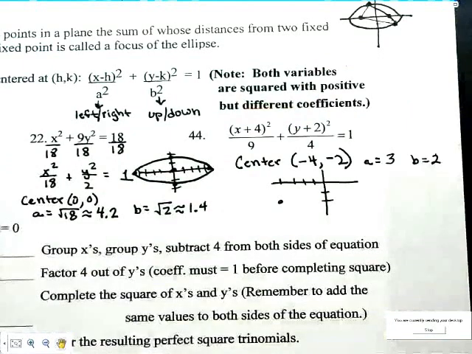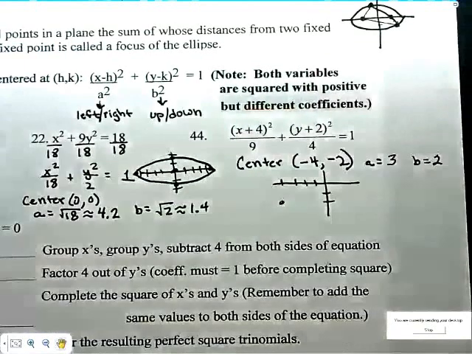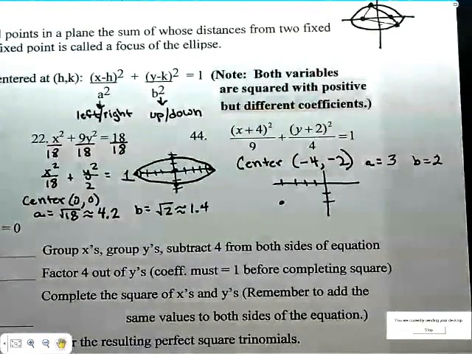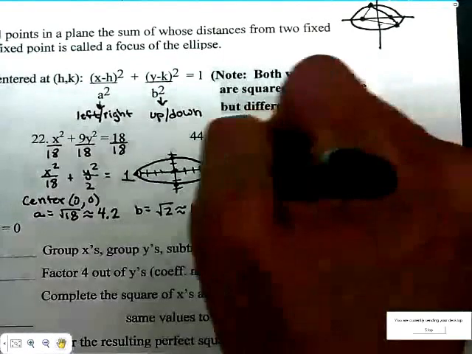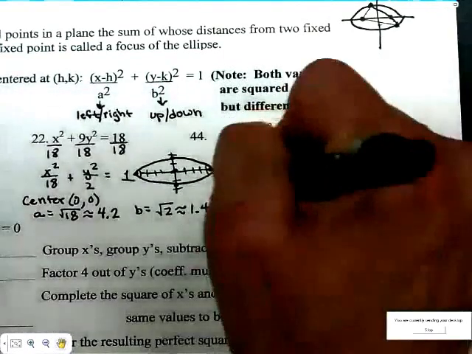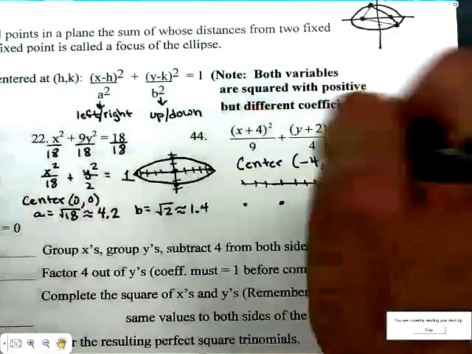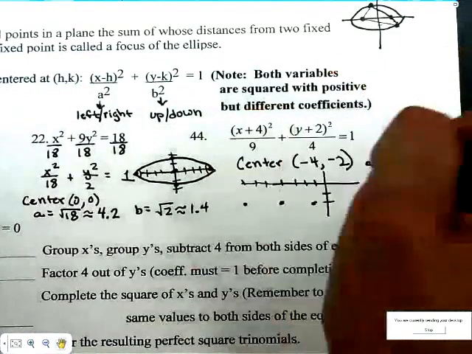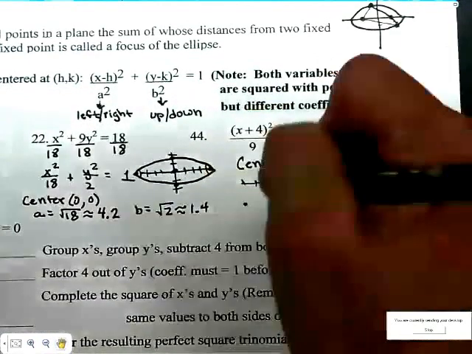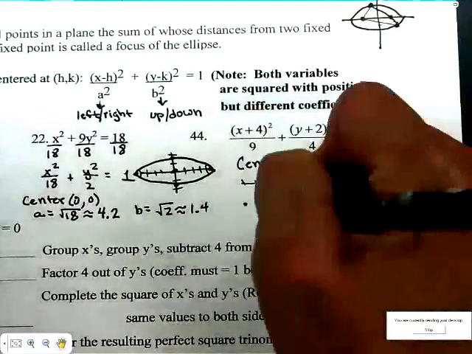Center at -4, -2. Go to the left 3, to the right 3, up 2, and down 2.